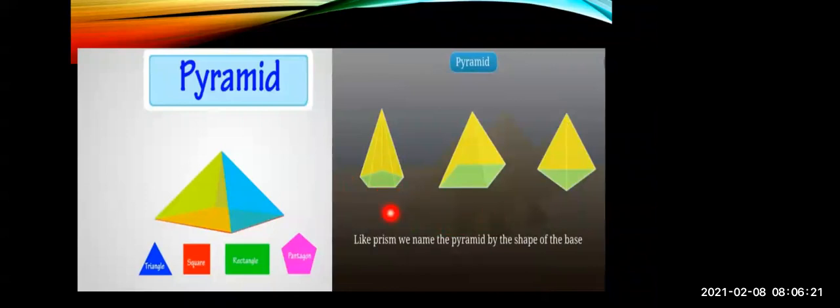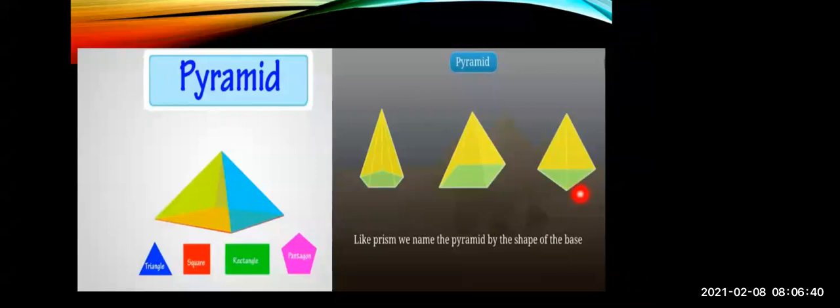See, the base over here is a pentagon, here is a square, and here is a triangle. So from the base we come to know which type of pyramid it is. So this is a pentagon pyramid, the second one is a square pyramid, and the third one is a triangle pyramid.